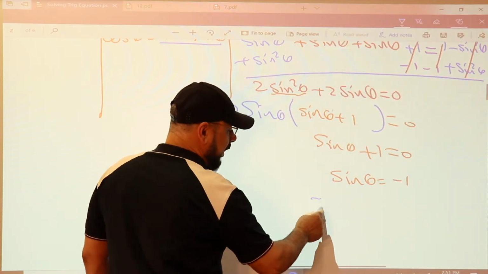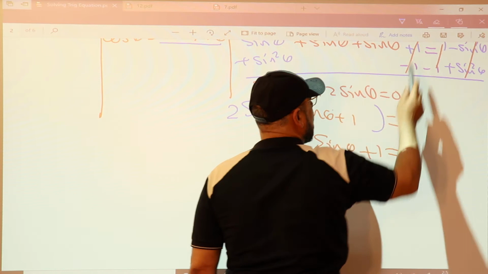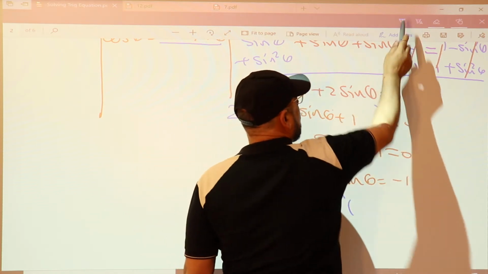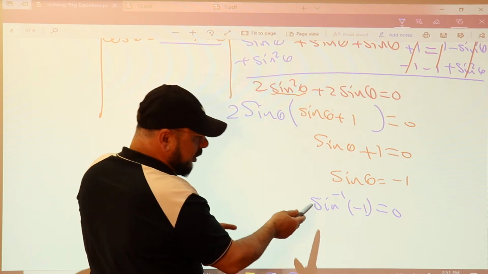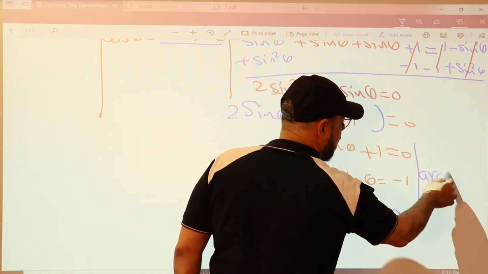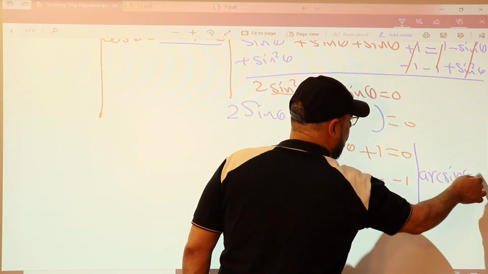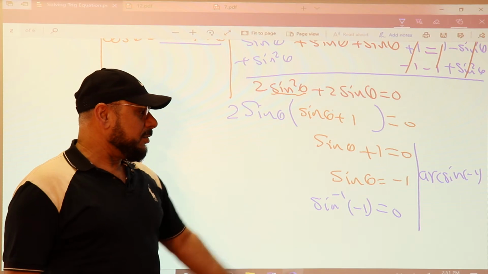This means sine inverse of negative 1 equals theta. Some books write arc sine of negative 1. Arc sine or sine inverse, the same.